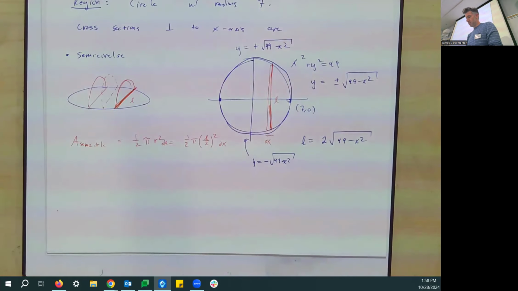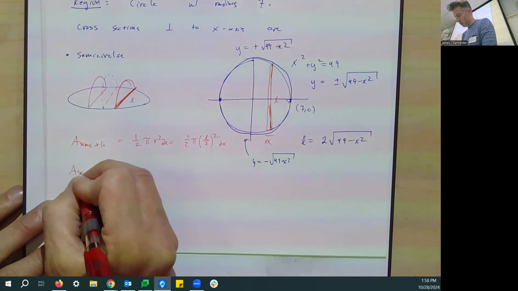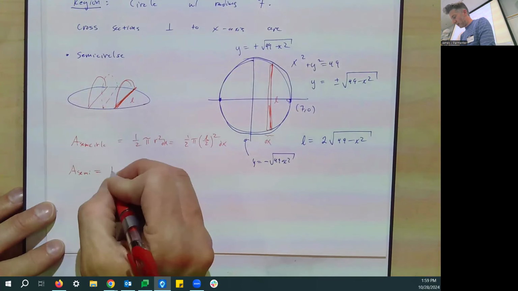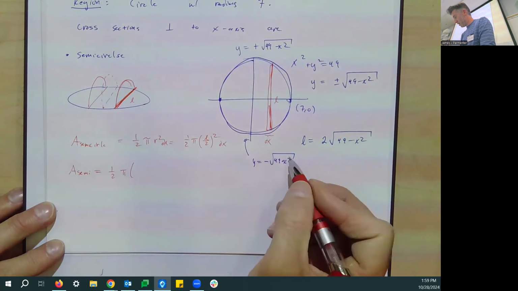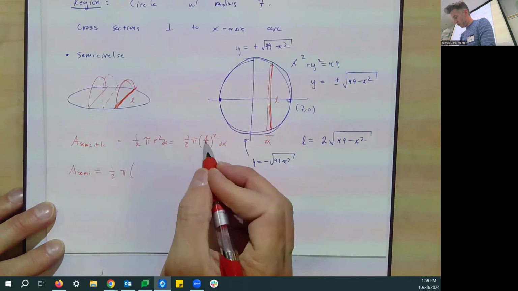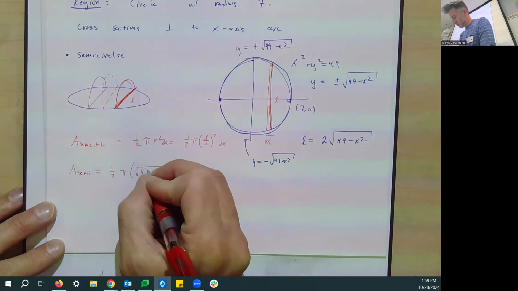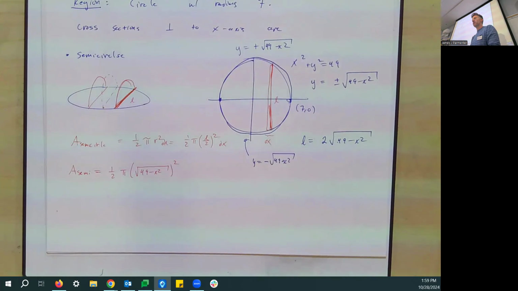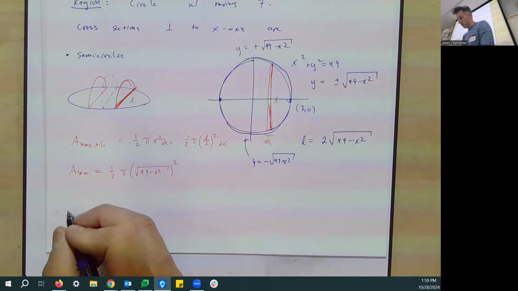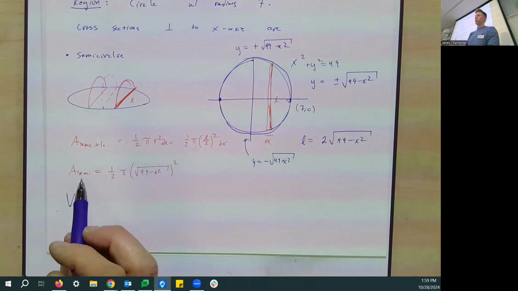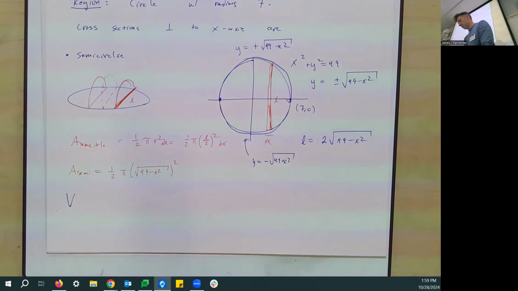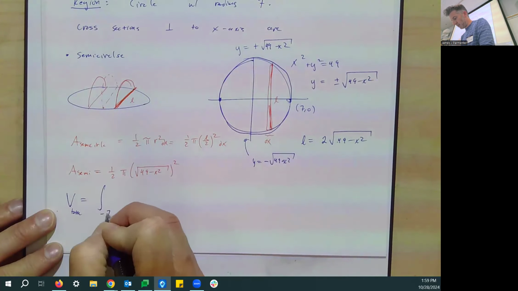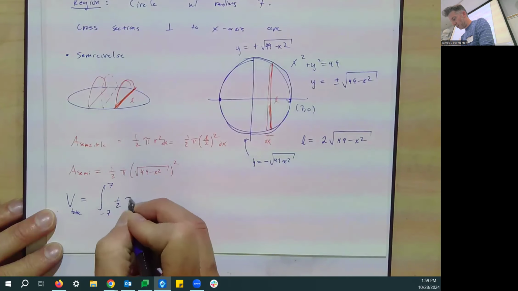So then the area of our semicircle is 1/2 pi times this length divided by 2 squared. How nice. And then to find the total volume, and I probably should have been saying volume of a slice, but I wrote area. Sorry. The total volume is going to be the integral from -7 to 7 of this thing here.